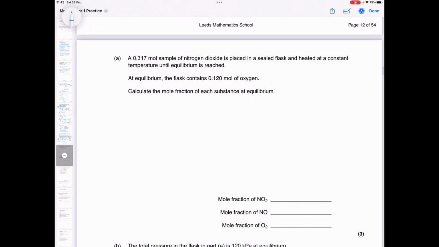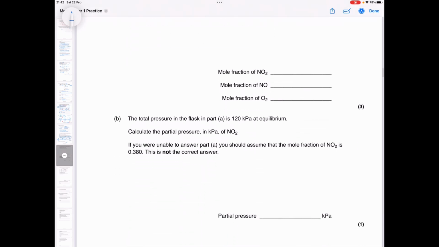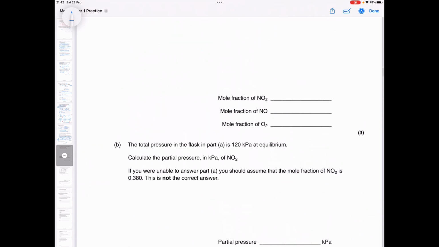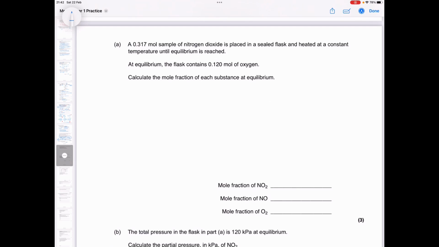We're going to be looking at a gas calculation to calculate Kp in the end, I think. So 0.317 moles of nitrogen dioxide is placed in a sealed flask and heated until equilibrium is reached. At equilibrium, the flask contains 0.120 moles of oxygen. Calculate the mole fractions of each substance at equilibrium.